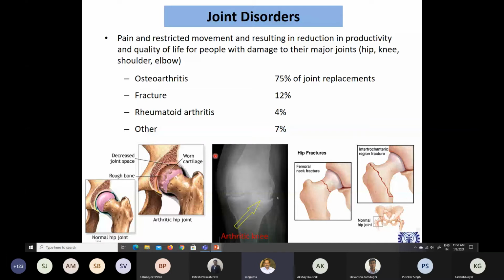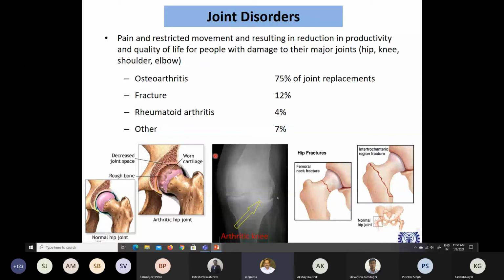So pain and restricted movement basically result in reduced productivity and quality of life for people with damage to major joints.